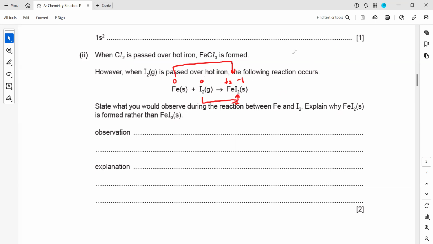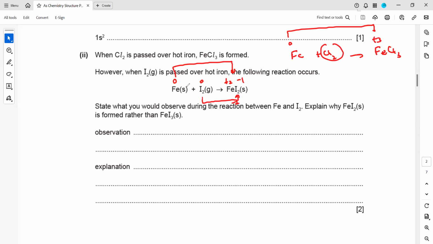But when the same reaction was happening with chlorine, it was forming FeCl3. So it was 0 here and it is forming +3. So this given evidence shows that chlorine is a good oxidizing agent as compared to iodine. The oxidizing agent itself is reduced by gain of electrons.